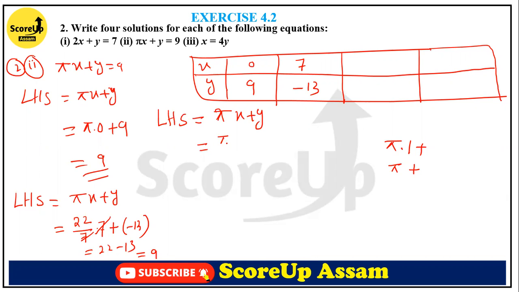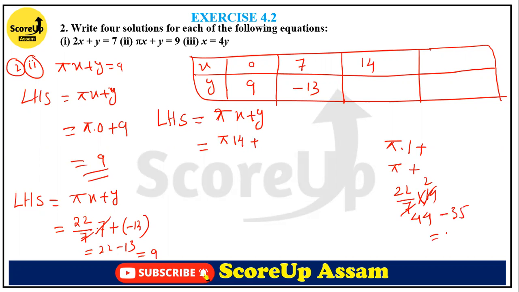If we put pi and if we put here 14, right? In place of x, we will put 14. That means what will come? 22 by 7 times 14, 44, right? So y should be minus 35.